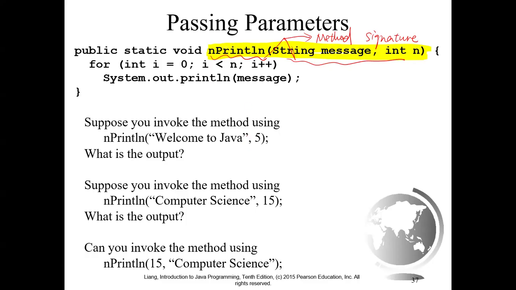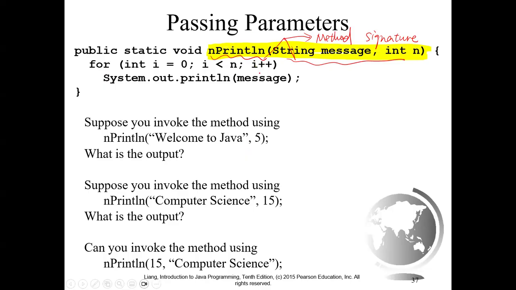And here we have a string message and an integer n passed to it. Inside the method body, there is a for loop. For i equal to 0 and i smaller than n, we print the message. Each time after the message is printed out, i will plus plus, that means i is incremented by 1.